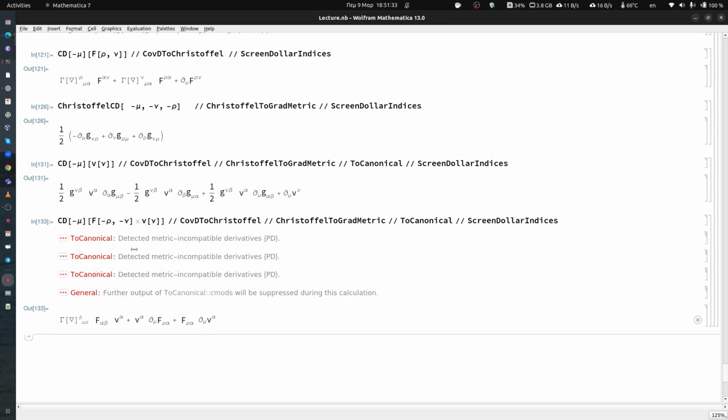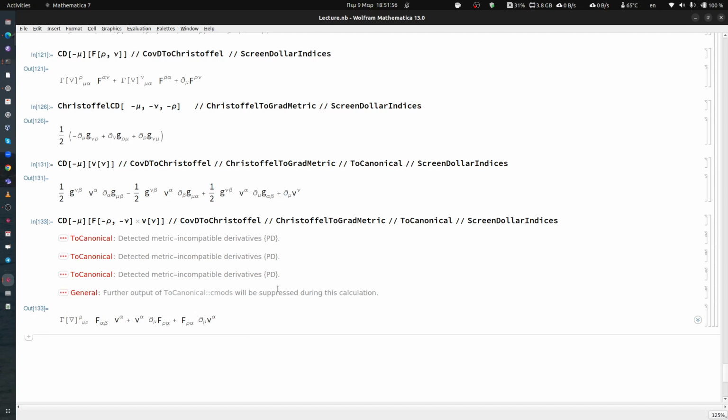Now, these messages here can be ignored. They come from ToCanonical. They detect that this connection here is incompatible with the metric, because of course d mu g is not equal to 0.